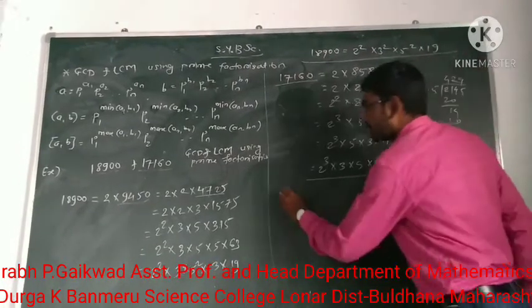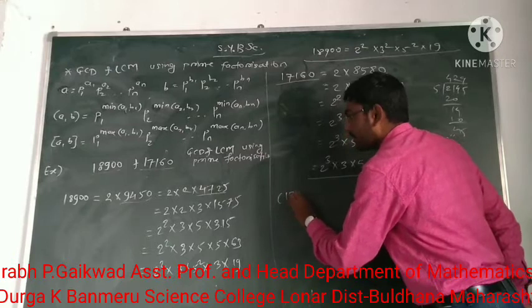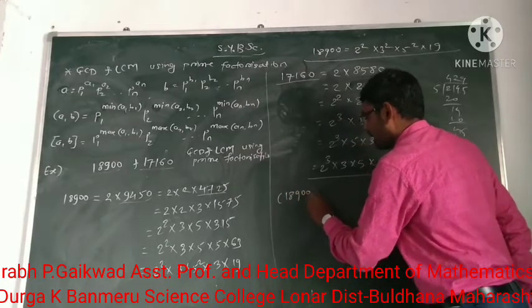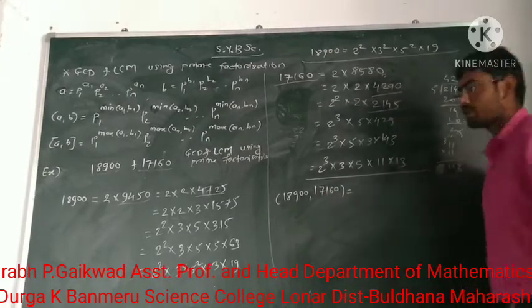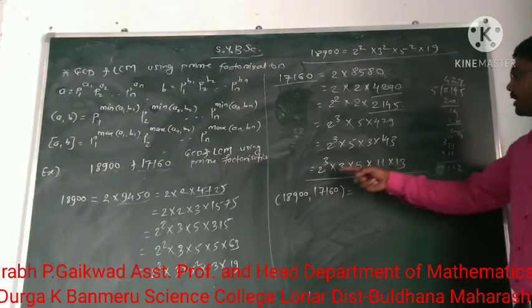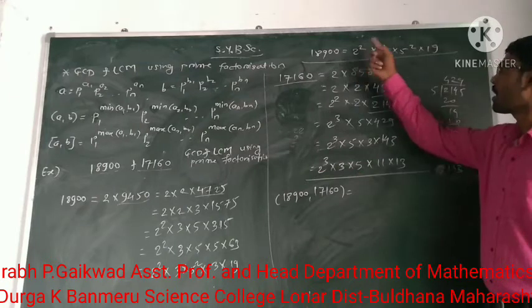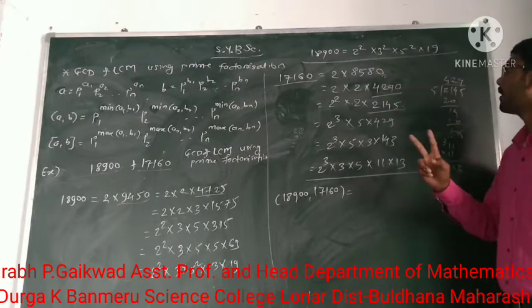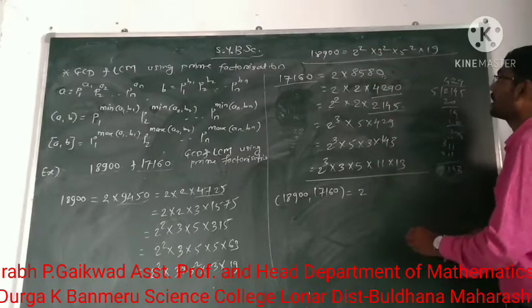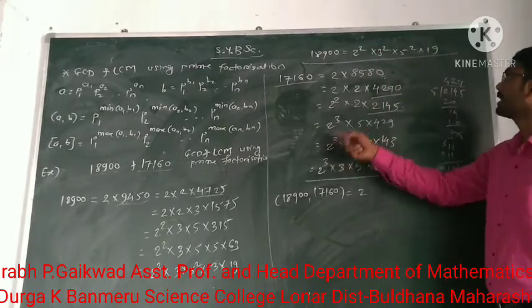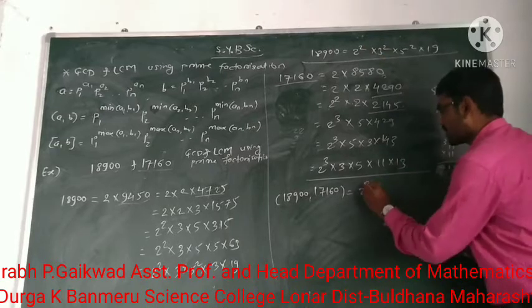So GCD of 18900 and 17160 is equal to, now check here, the power of 2 is 3, here the power of 2 is 2. For this we take the minimum power. 3 and 2, the minimum is 2, so 2 raised to power 2.